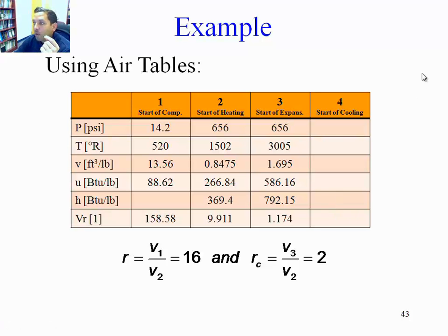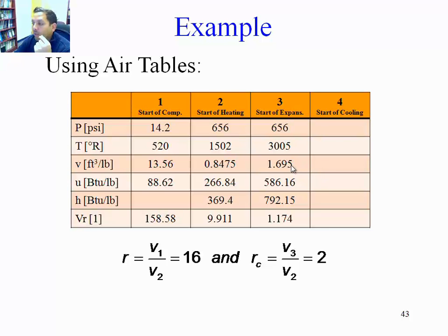Now point 4, remember, is related to point 3 through an isentropic process. The entropy from 3 is equal to the entropy from 4. And because that's the case, we can relate, for example, the volume from 3 to 4 as a ratio of the VRs from 3 to 4.